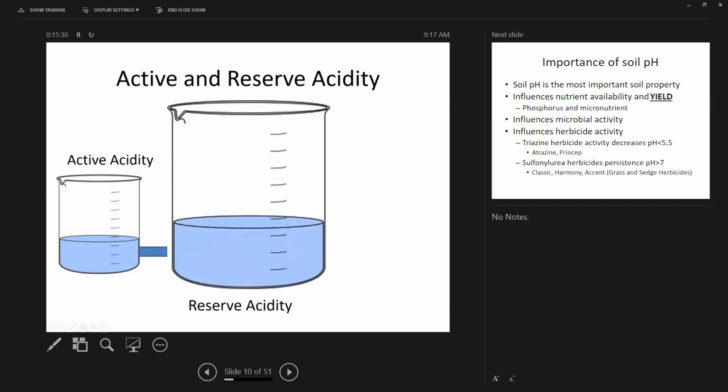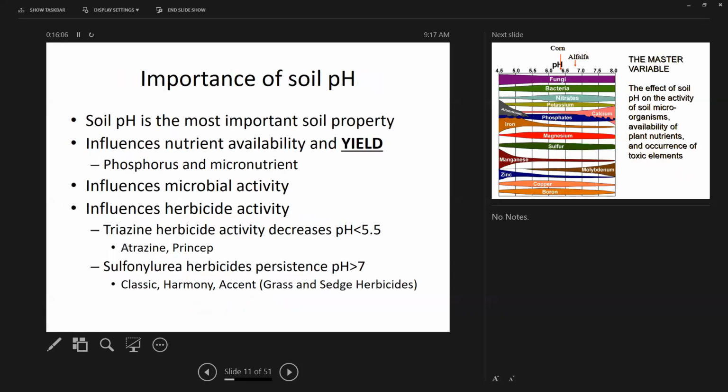So is it connected to a 12-ounce Coke can, or is it connected to a swimming pool or a bathtub? So this reserve acidity is a measurement of how much acidity. So we neutralize this active acidity. Now we know how much reserve acidity can move over. So we need to not only neutralize this, but neutralize this reserve acidity. So that's what we're doing with this buffer pH.